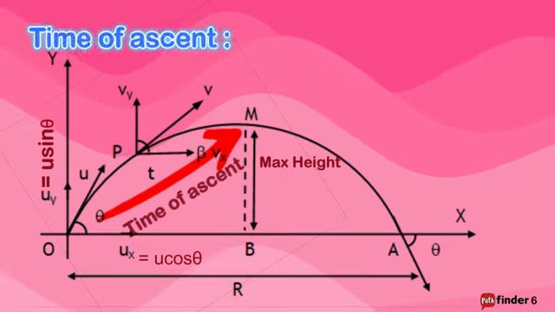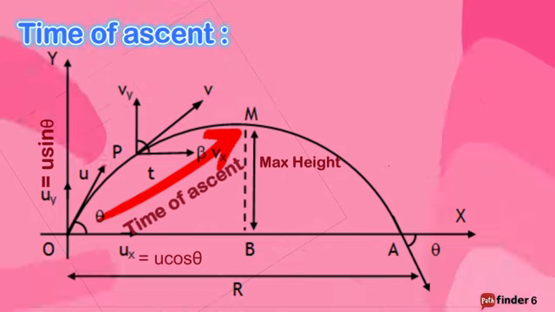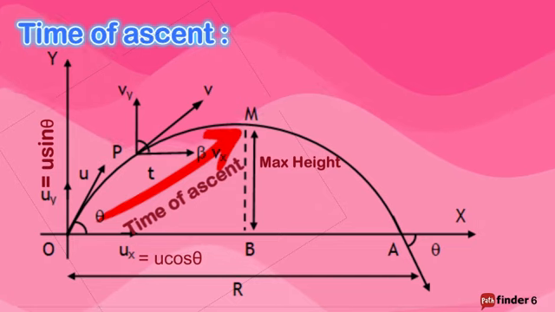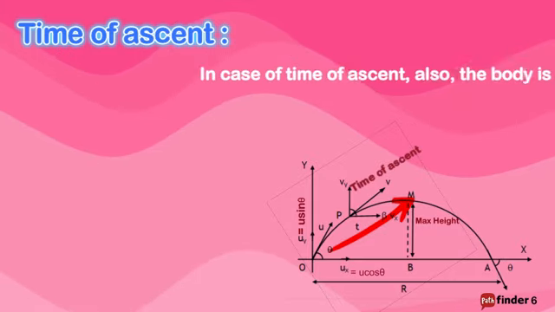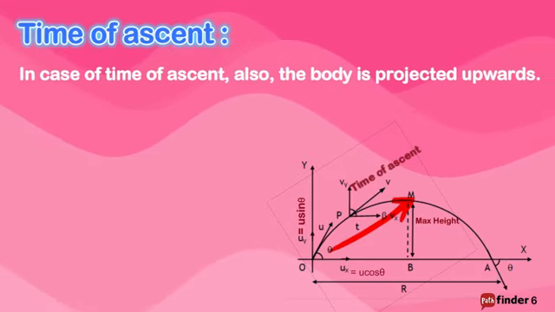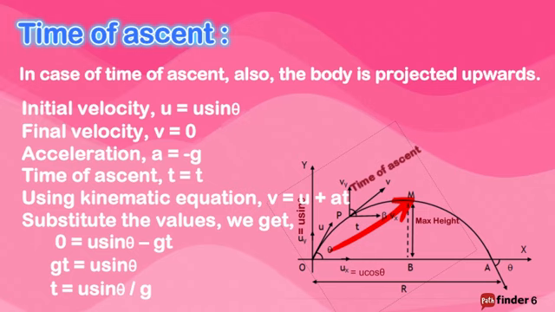Time of ascent. See the diagram. The time taken from point of projection O to maximum height, point M, is called time of ascent. In case of time of ascent, the body is projected upwards. So, initial velocity is u sine theta, final velocity is 0, acceleration is minus g.